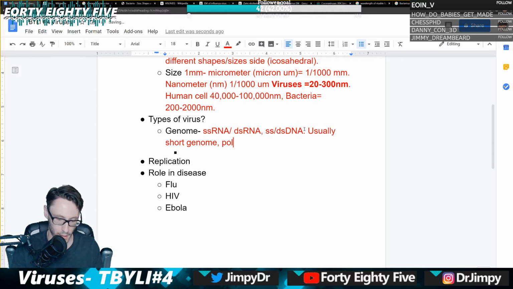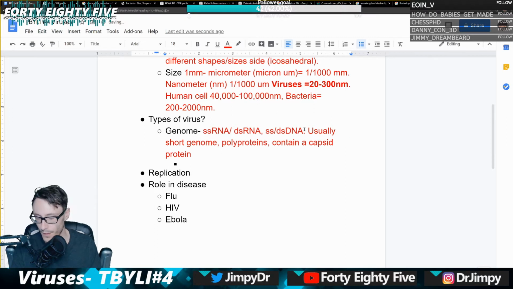So polyproteins are produced and they will contain a capsid protein, and that's for during replication.